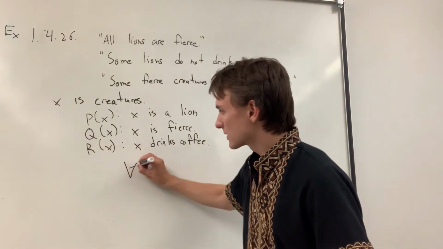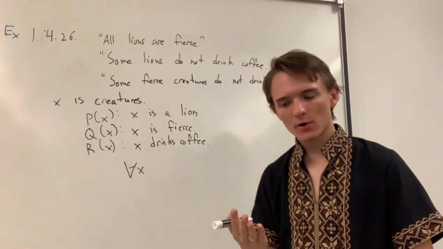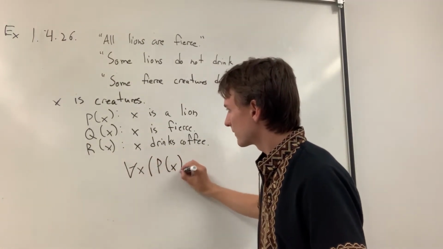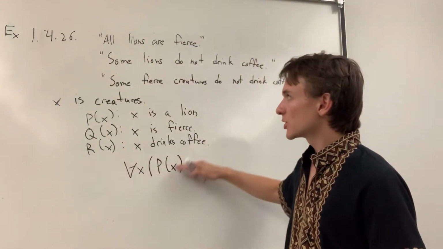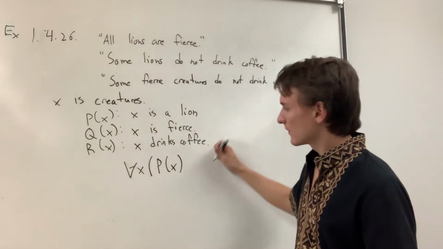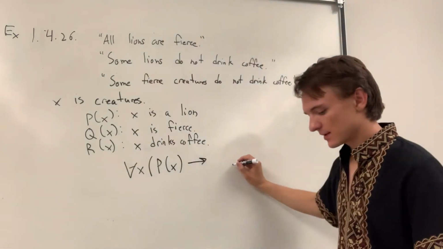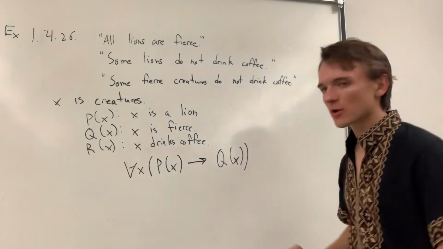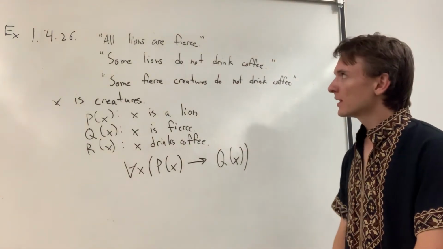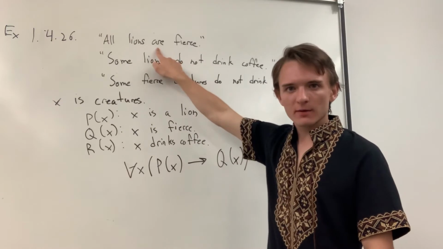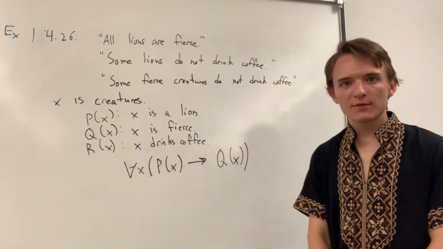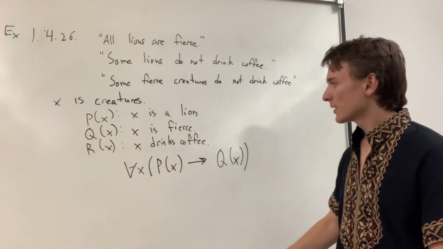So for all x, that is to say, all creatures, P of x, if the creature is a lion, this implies Q of x. This implies that the creature is fierce. Usually when we have the word are or is, we know that we have an implication of some sort.